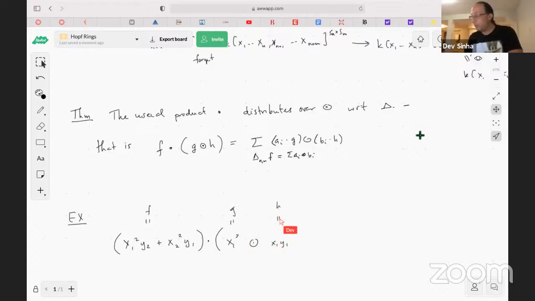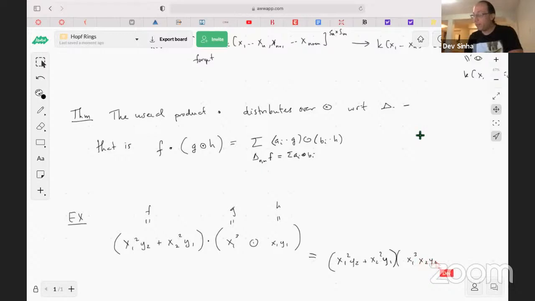So one thing we can do is just perform that induction product. And that's simple enough because I get x1 cubed y1 x2 y2.